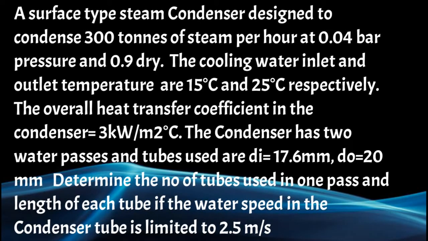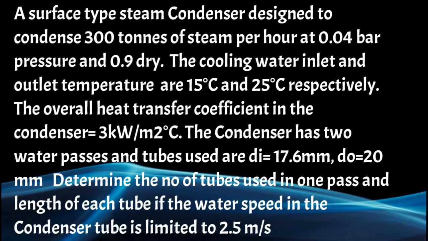A surface type steam condenser is designed to condense 300 tons of steam per hour at 0.04 bar pressure and 0.9 dry. The cooling water inlet and outlet temperatures are 15 degrees Celsius and 25 degrees Celsius respectively. The overall heat transfer coefficient in the condenser is 3 kW per meter square degree Celsius.